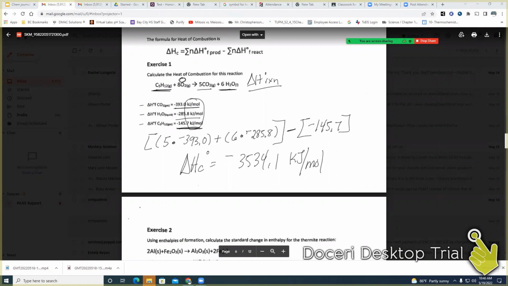Five times negative 393, close my parentheses, and then add this. Y'all are better at calculators than me. I'll do it a different way.